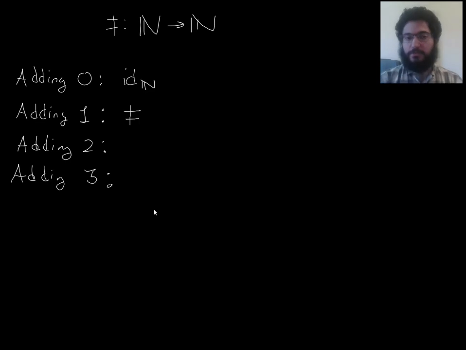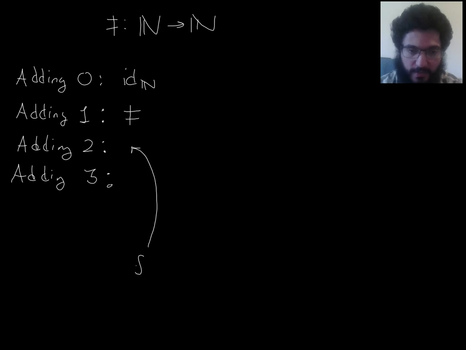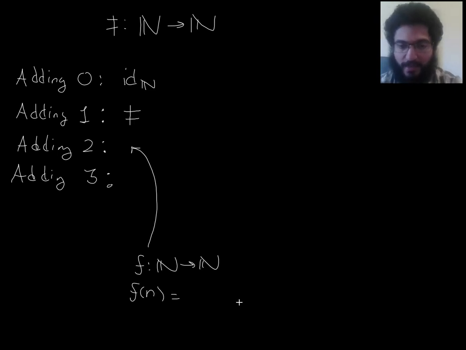How about adding 2? So by adding 2, what I mean is a function that when you give it a natural number input, it gives you the next of the next of that input. So it should be a function whose value at n, whatever goes here in the adding 2 position will be some function, n to n, and when you give it something, it gives you the next of that thing.